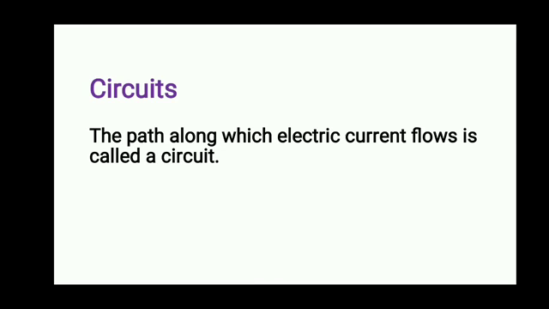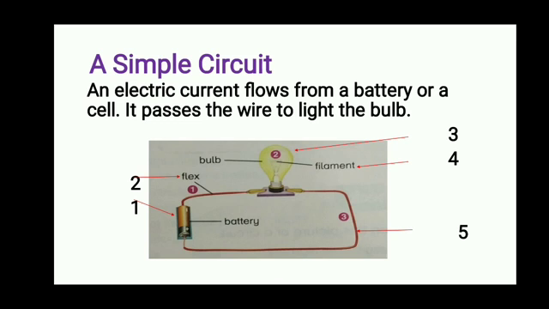Now I will explain to you about a circuit with an example of a simple circuit. Class, an electric current flows from a battery or a cell. It passes through the wire to light the bulb. Now look at this diagram. At point 1, we have a battery, which is our device to give an electric charge.